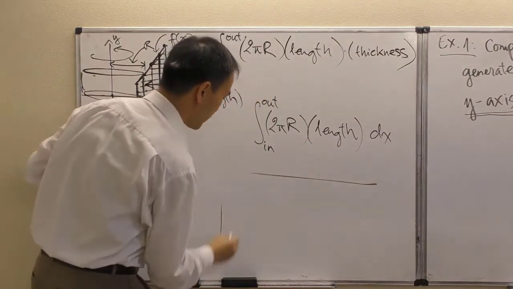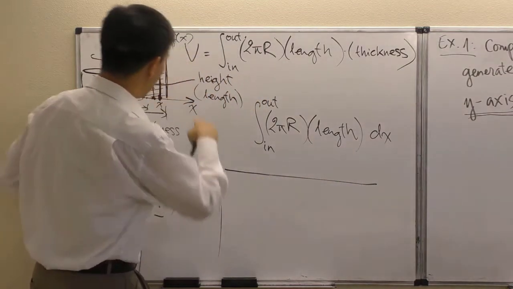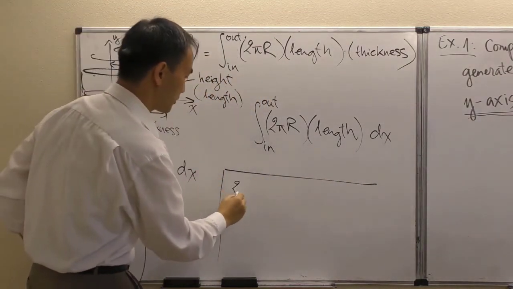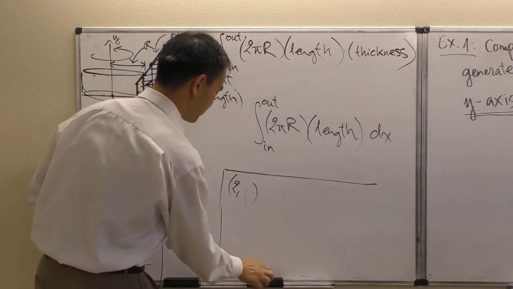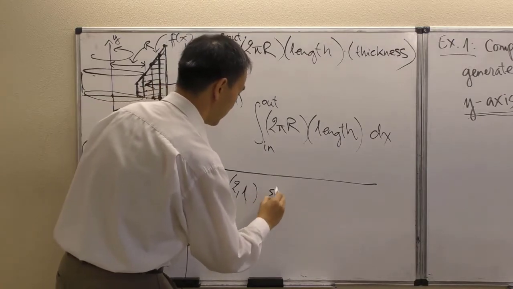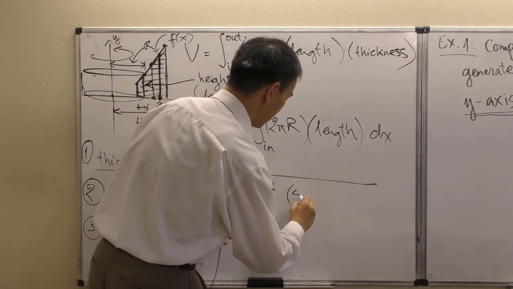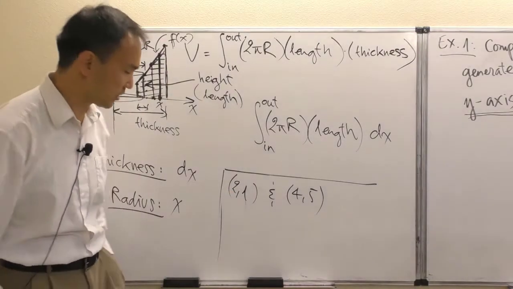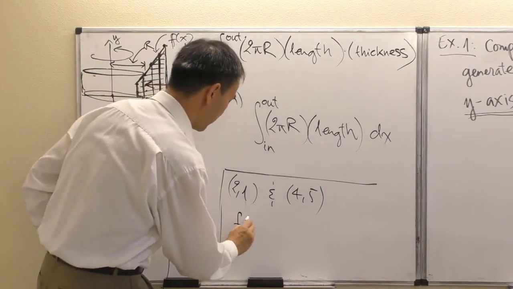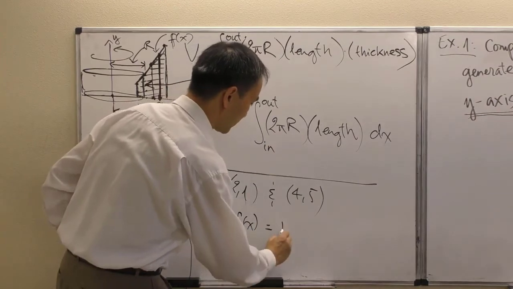Quick little scratch work: the segment here connects (2, 1) and (4, 5). It has to be a line. It's a segment, so it's a part of a line. So f of x here has to be in the form of mx plus b.